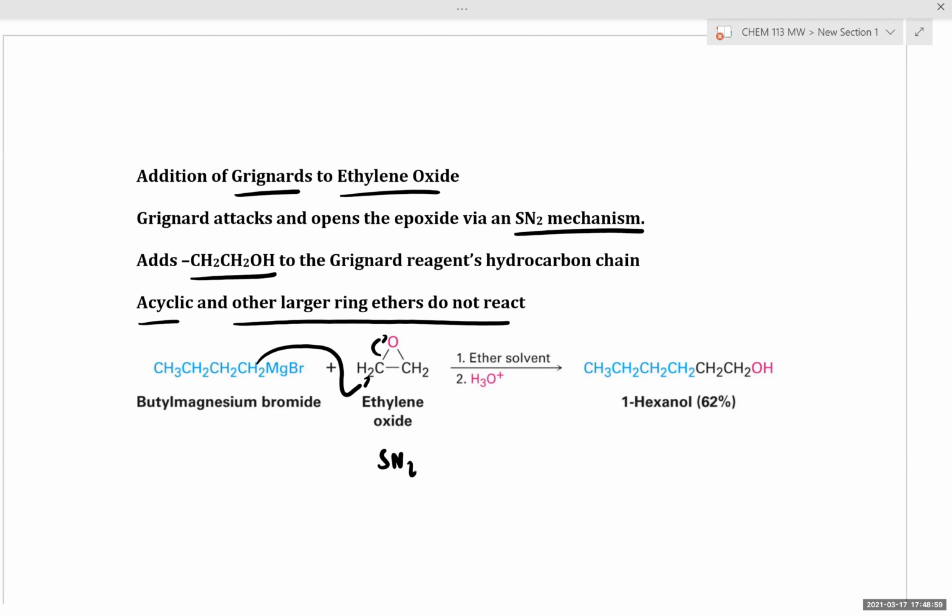Does this make sense to everyone so far? Does everyone see how Grignards are pretty useful reagents for forming carbon-carbon bonds?